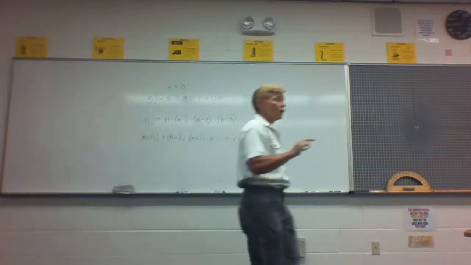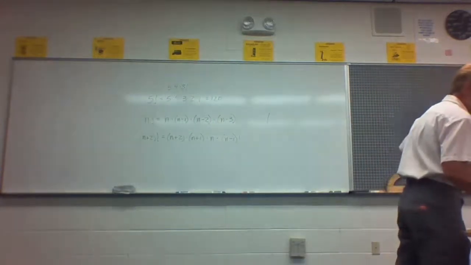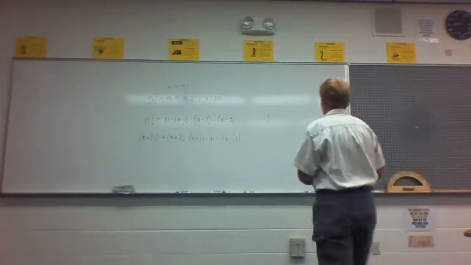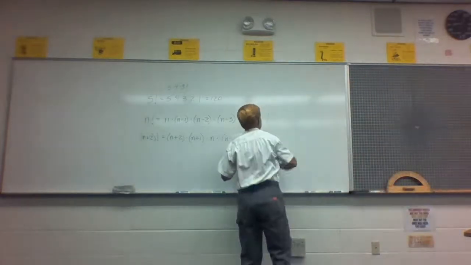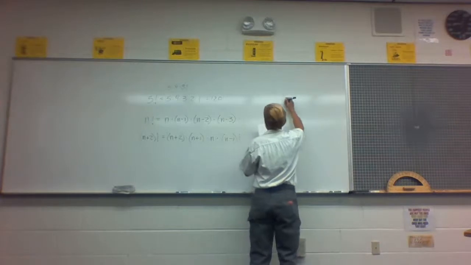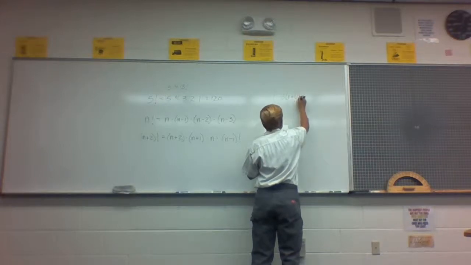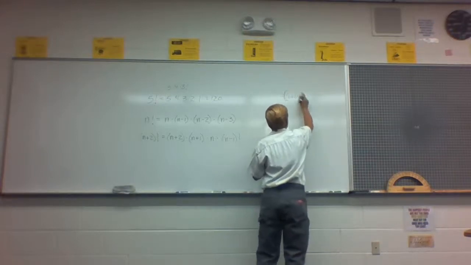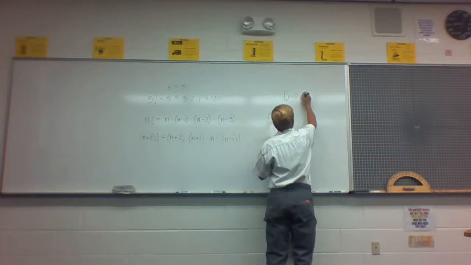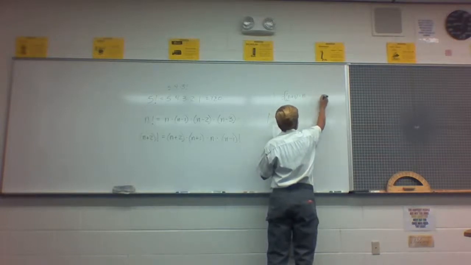Okay, so to do number 14, we could write this: 3 times n plus 1 factorial. I'm going to put a bracket around here. No, n plus 1 times n times all this other stuff down here.